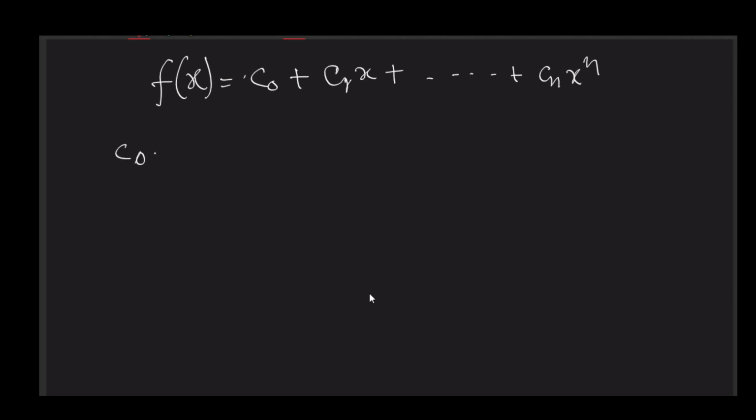A function of the form, like, where your C0, C1, Cn are fixed constants and they all belong to F. Now this polynomial function, this way we can extend the idea of example 3 here to find out that this is also a vector space.